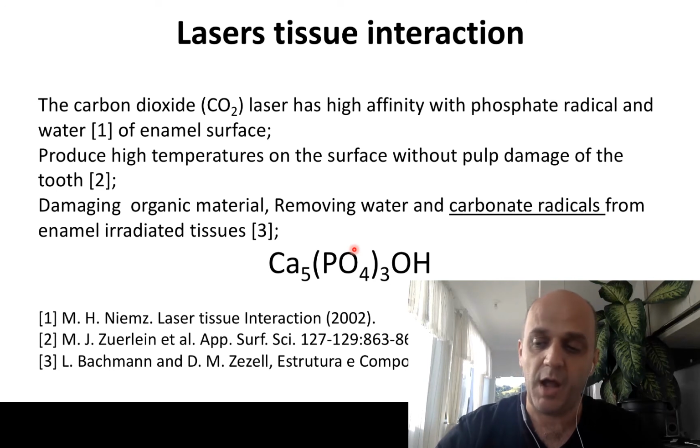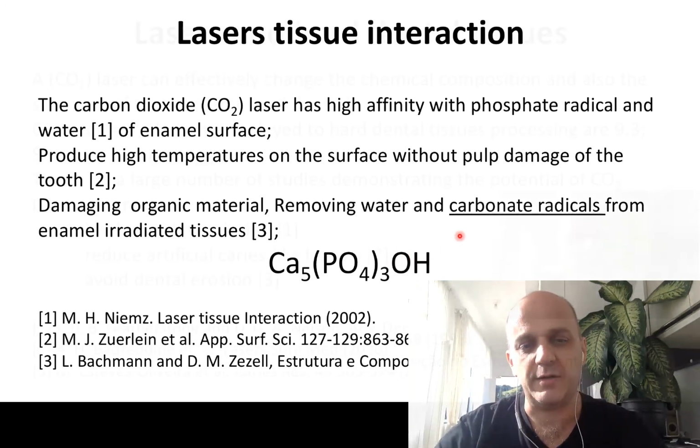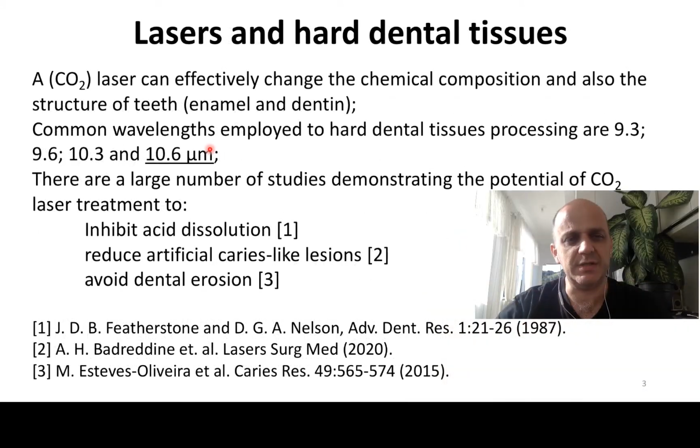You need higher temperature values to remove this water. So finally, the carbonate radicals that you have inside the phosphate sites or hydroxyl sites of the hydroxyapatite, you can also remove with high temperature. So this laser, the carbon dioxide laser, can effectively change the chemical composition and also can change the structure of the teeth.